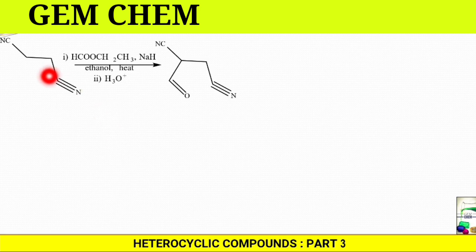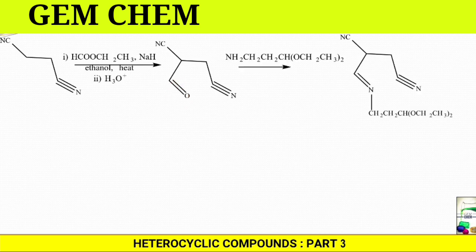So we have the cyanide moiety. We are going to react the cyanide moiety in the same way as the previous one to introduce CHO group. So we have taken HCOOCH2CH3, and in presence of NaH it is added along with H3O plus. We get this portion. Once we get this portion, we are going to add our previous substrate NH2CH2CH2CH(OCH2CH3) whole twice.